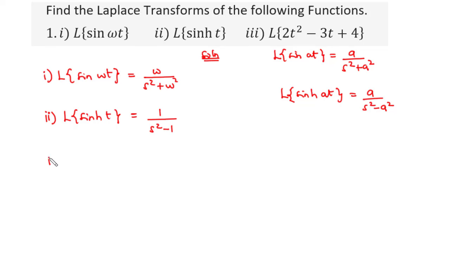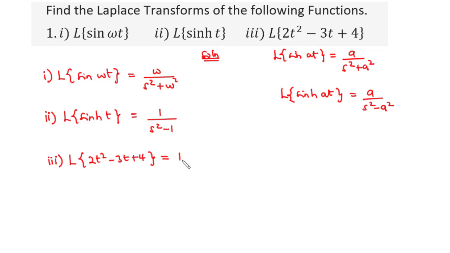Now to the third one, we are going to find the Laplace transform of the function 2t square minus 3t plus 4. Now we can split this into 3 different Laplace transforms, using the linearity property of the Laplace transform.